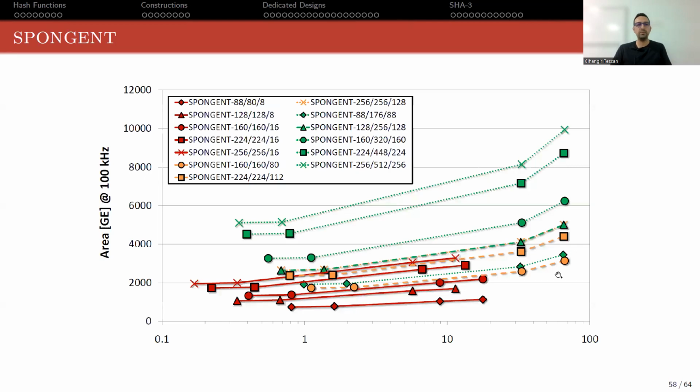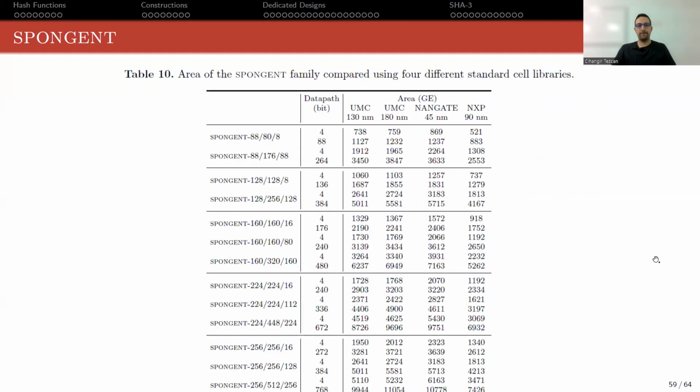Okay. And here's also a picture. They try to show area in gate equivalents compared to other variants. Okay. And finally, this is the area of the SPONGENT family compared using 4 different standard cell libraries. So again, this is from their own paper.